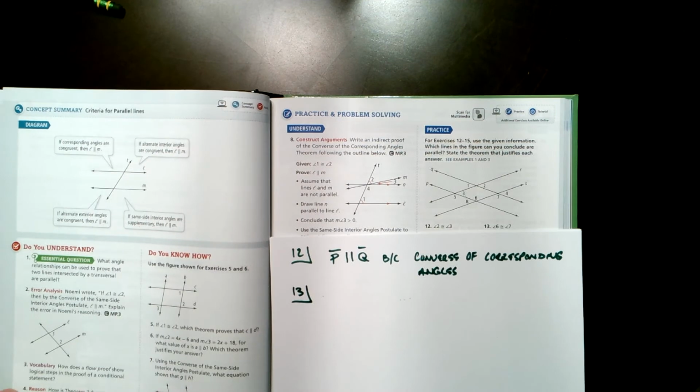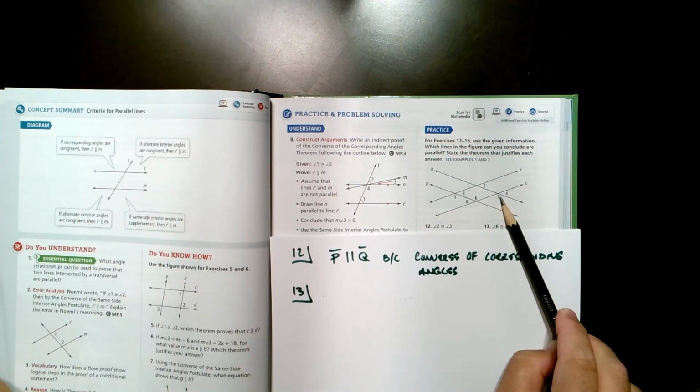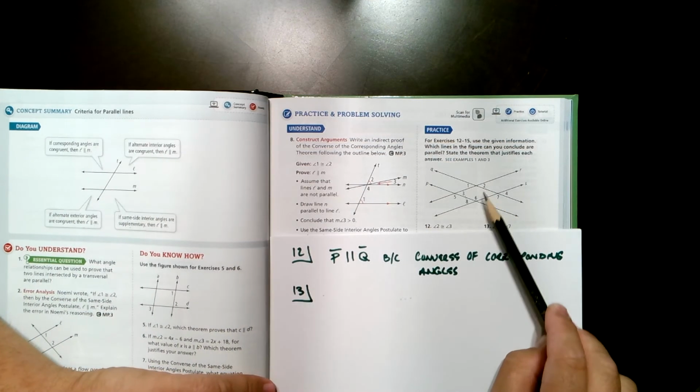All right, so let's take a look at number 13. Angle 6 and angle 7. So that's these two right here, angle 6 and angle 7.